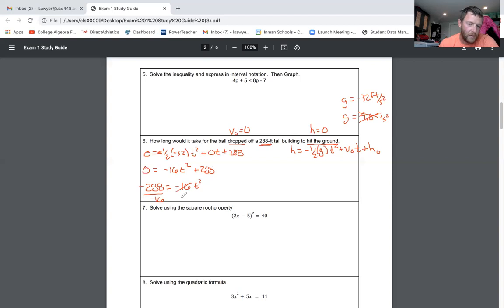Once you get an answer there, which is 288 divided by 16, let me get a calculator out here. 288 divided by 16, 18. So now I'm left with 18 is equal to t squared, and then square root. So my t is equal to the square root of 18.